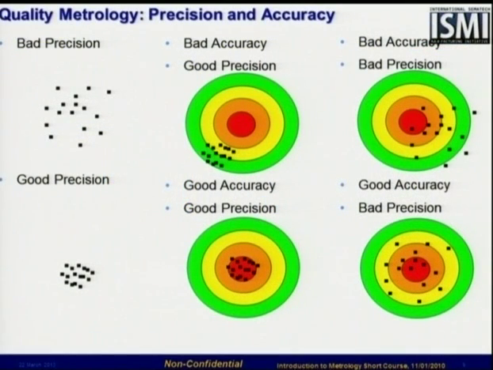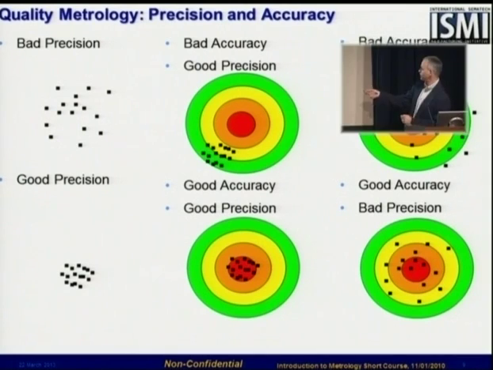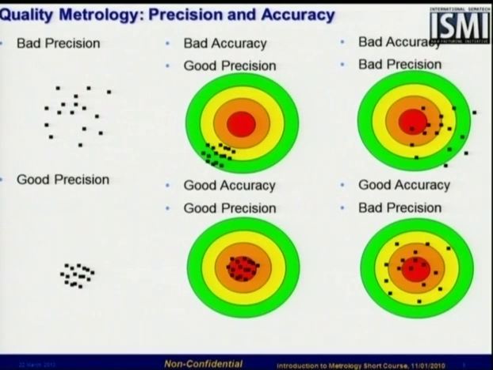I won't spend a lot of time today on the difference between precision and accuracy, but just a quick reminder: precision means you have good control. You measure the same thing time and time again. It doesn't necessarily mean it's very accurate, because you can have good precision and bad accuracy, which may mean that you're off target.